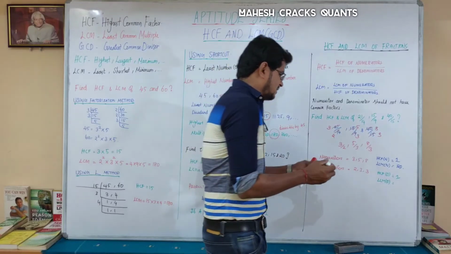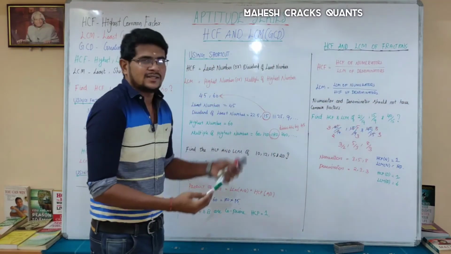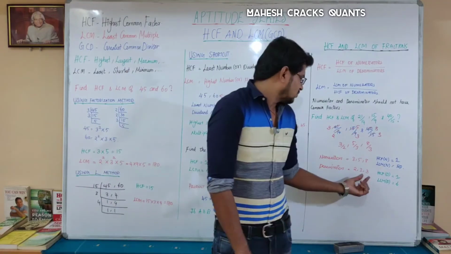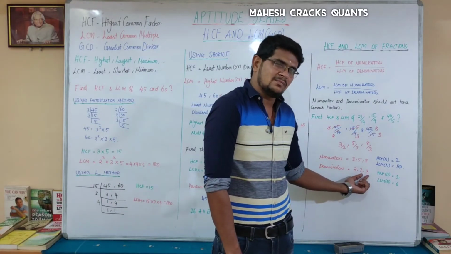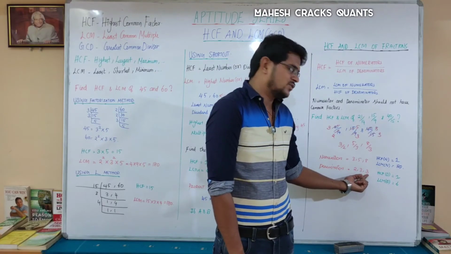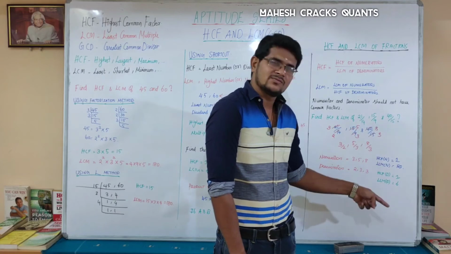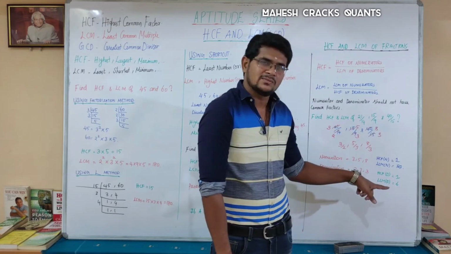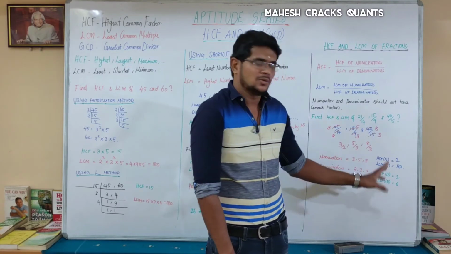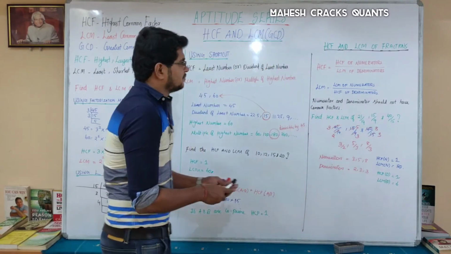By the shortcut, the highest number or its multiples is the LCM. The highest number is 3, which is not divisible by 2. The next multiple of 3 is 6, which is divisible by 2 and by 3 as well. So 6 is the LCM of the denominators.